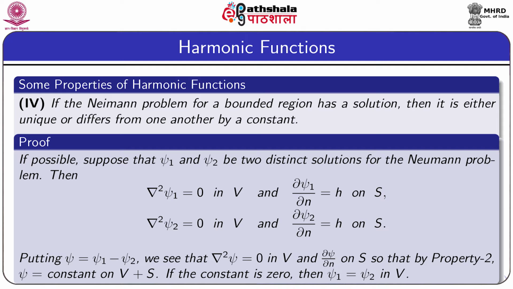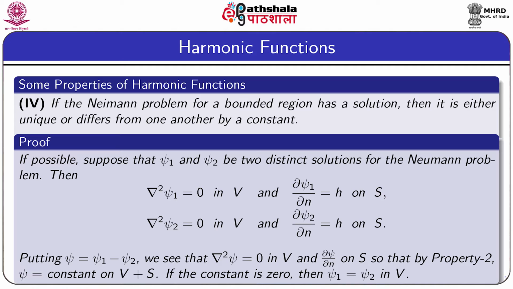In a similar manner, we assume a function psi which is the difference of the above two functions psi 1 and psi 2. So, psi equals psi 1 minus psi 2, and if we see, grad square psi is equal to grad square psi 1 minus grad square psi 2.